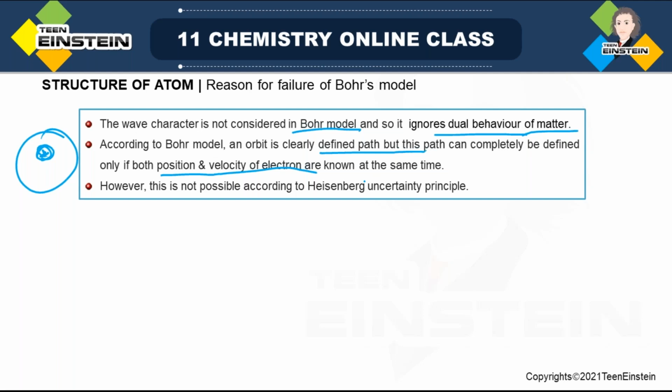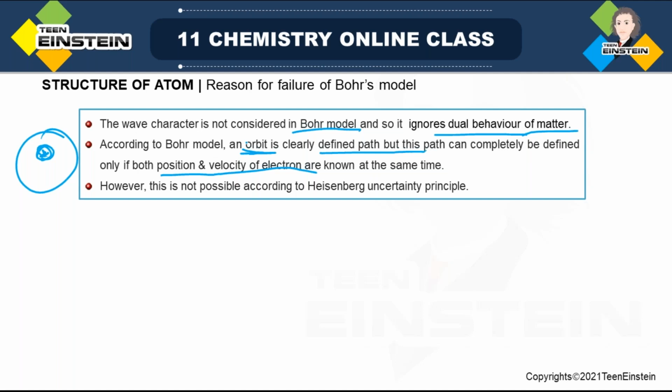You cannot determine position and velocity simultaneously. So because of these two reasons: one is de Broglie's concept, that is dual behavior of matter, which we ignored in Bohr's model; and the second is Heisenberg uncertainty principle saying you cannot measure position and velocity simultaneously. So a definite fixed path is not possible. So this orbit is not possible for electron. So these are the reasons why this model is not successful.